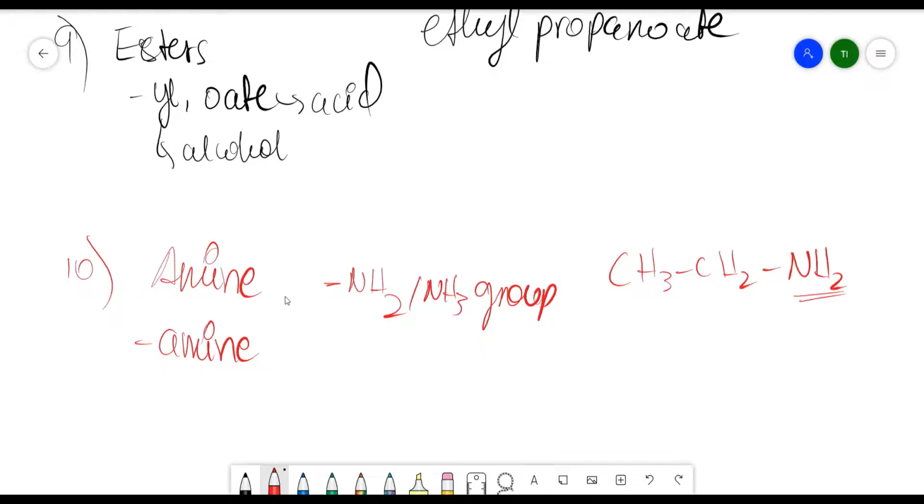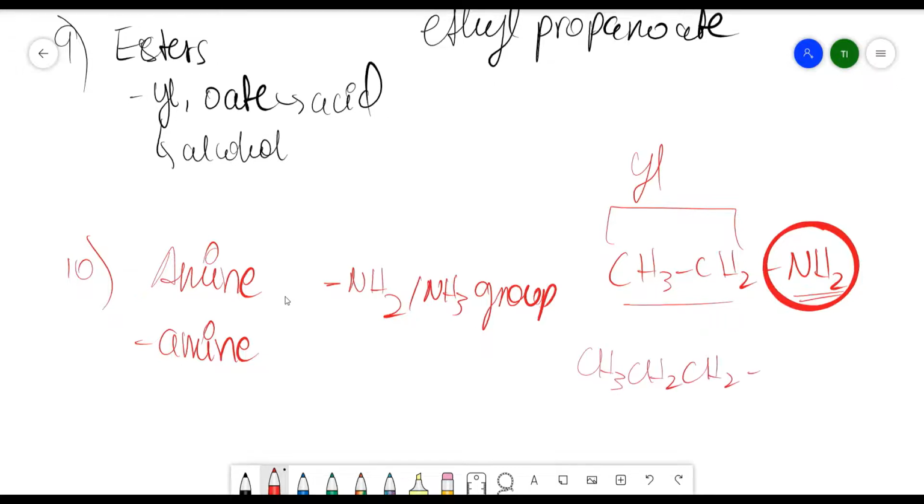If it's a simple hydrocarbon amine, not including the NH2, you make the name of the organic backbone end in yl. So if it's a propane backbone, it'll be propylamine, and so on, right?